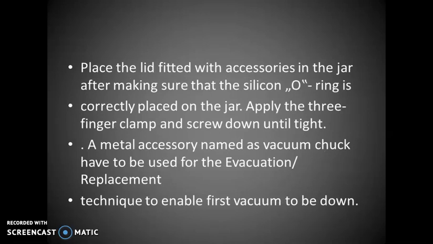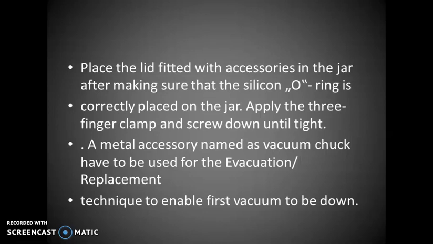Place the lid fitted with accessories on the jar after making sure that the silicone O-ring is correctly placed on the jar. Apply the three-finger clamp and screw down until tight.